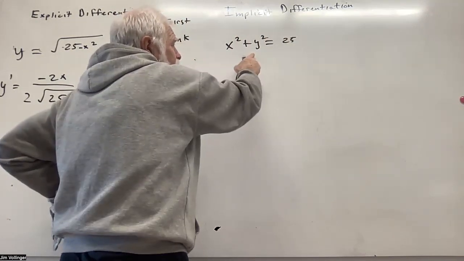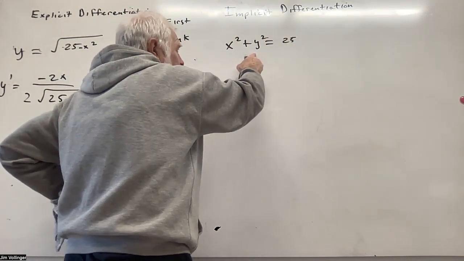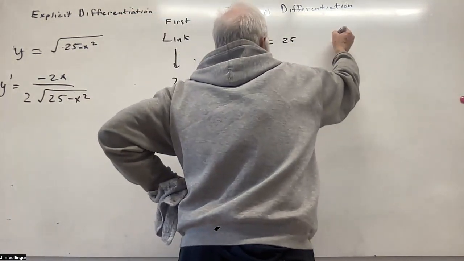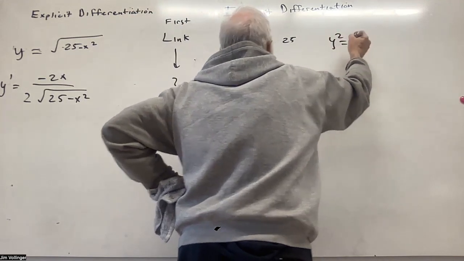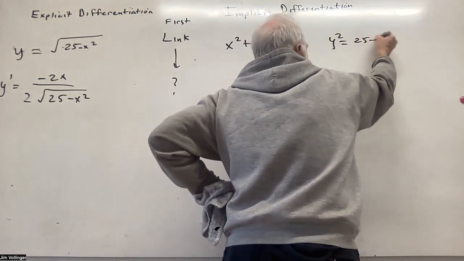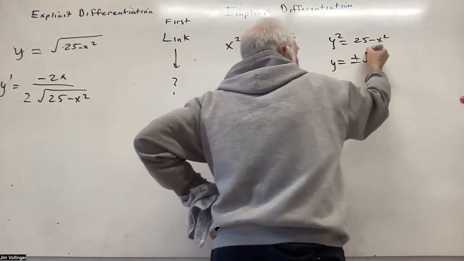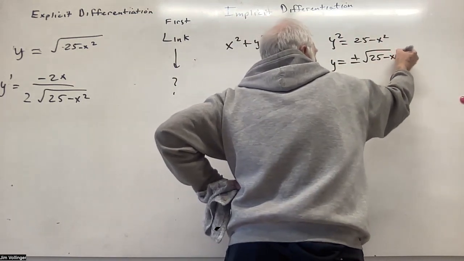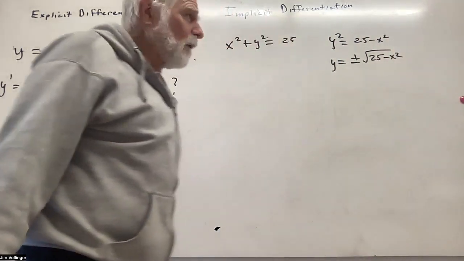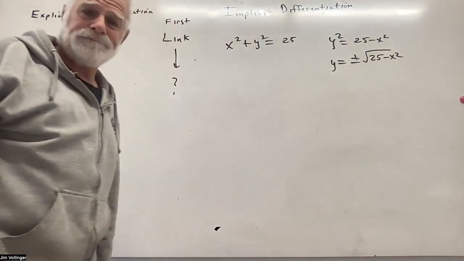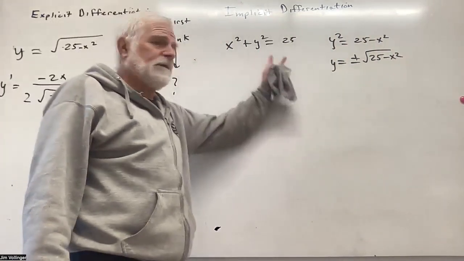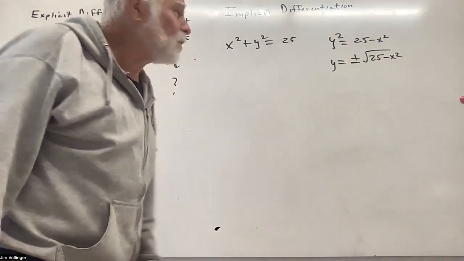If I solve this for y, then I get y squared equals 25 minus x squared, and y is equal to plus or minus the square root of 25 minus x squared. So the positive one is the top half of a circle. I'm hoping you studied this in algebra 1 and algebra 2.